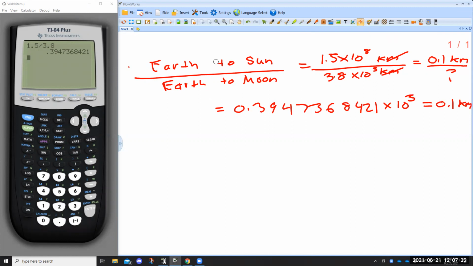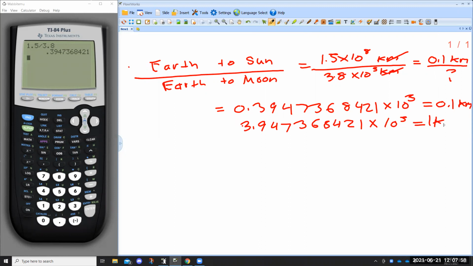Multiply both sides by 10 and say that this is going to be 3.947368421 times 10 to the 5th.